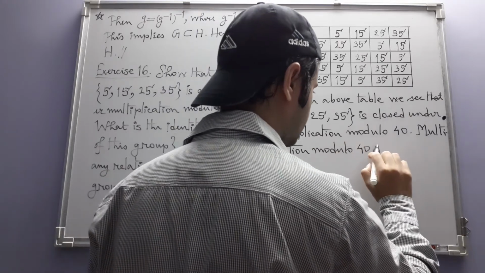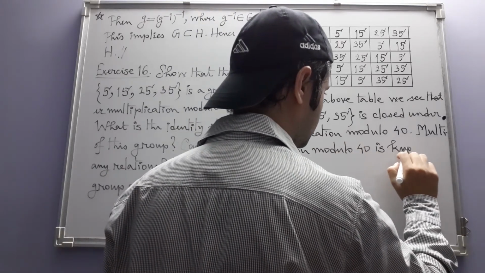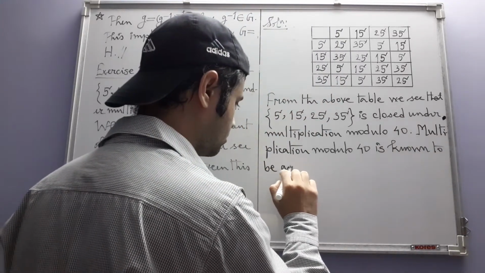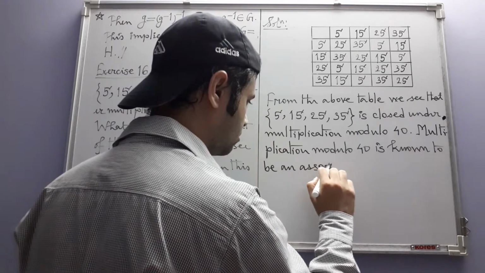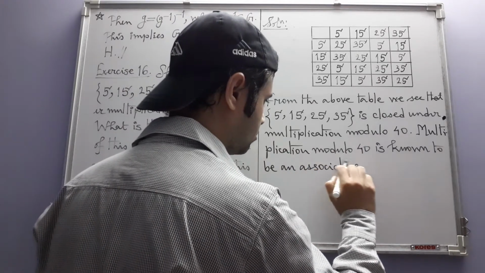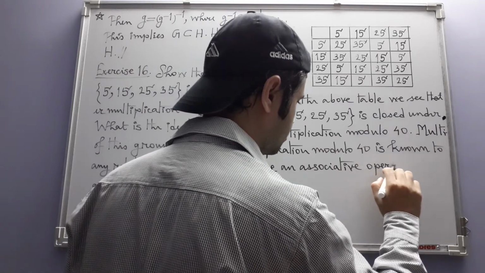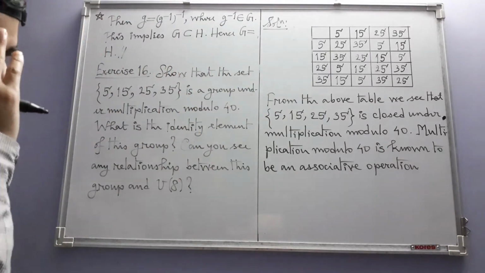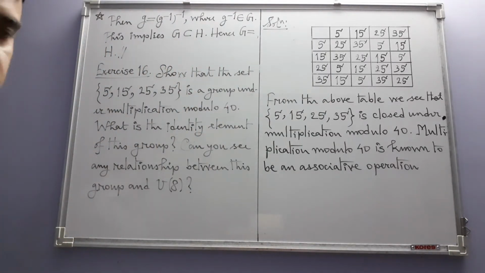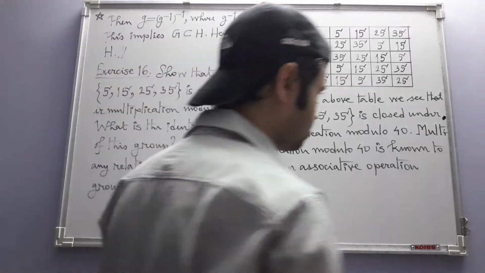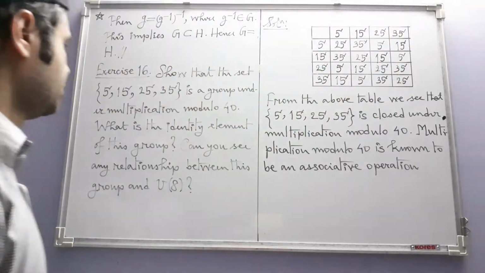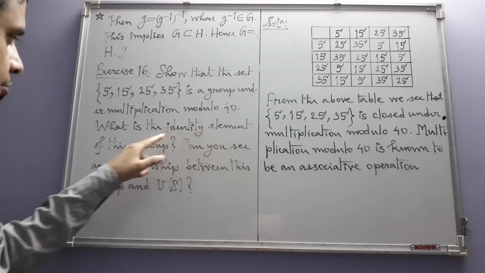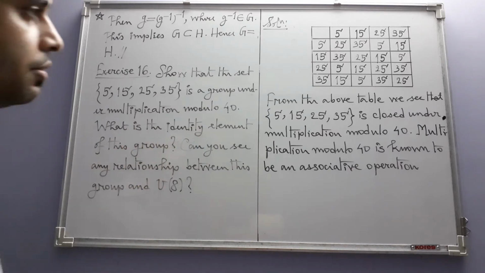Multiplication modulo 40 is known to be an associative operation. This we have already seen before. Multiplication modulo n, where n is any positive integer, is an associative operation. Okay, now note that the exercise also asks us to identify the identity element.